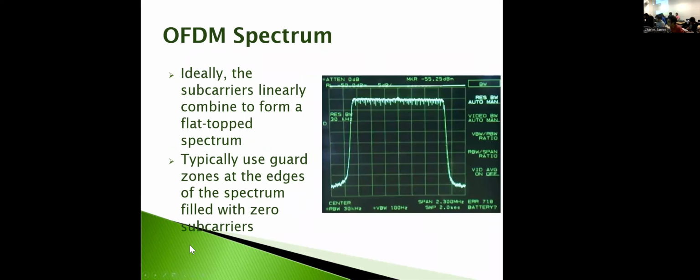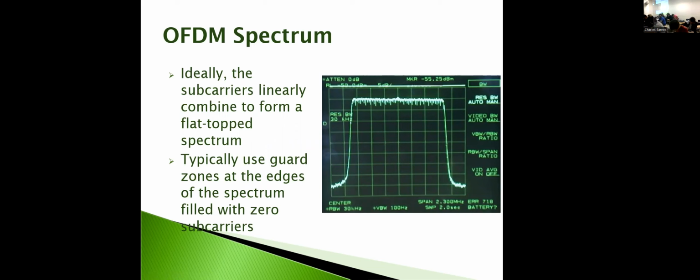Okay, and so ideally all these subcarriers linearly combine. The Fourier transform, if you peel it apart, is a linear transformation, right? And so all these subcarriers end up forming this flat top spectrum, but we typically use guard zones at the edges of the spectrum.